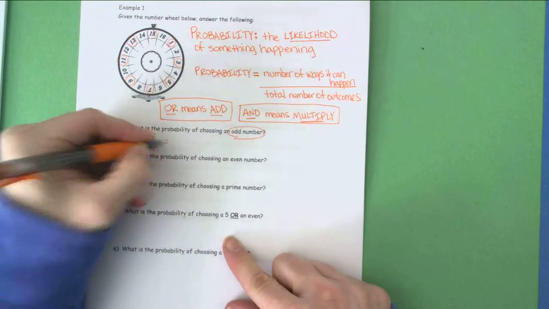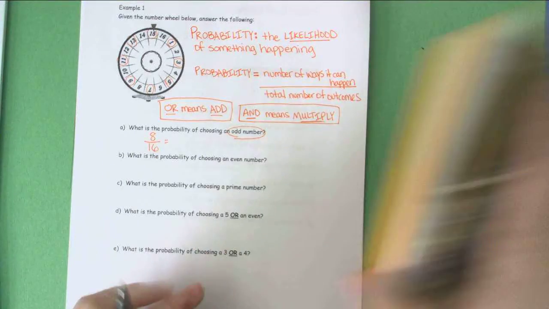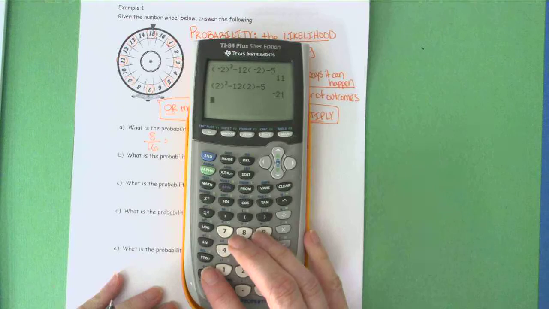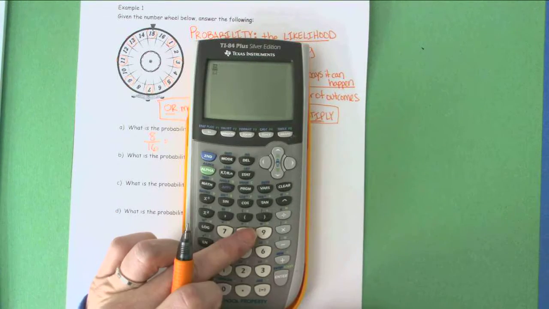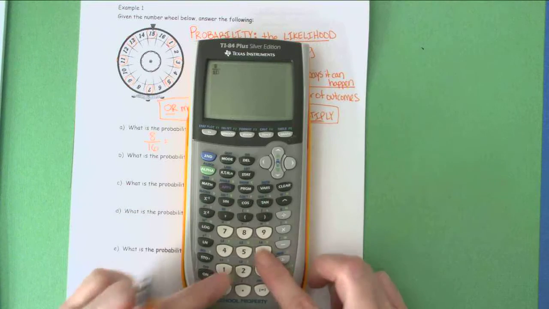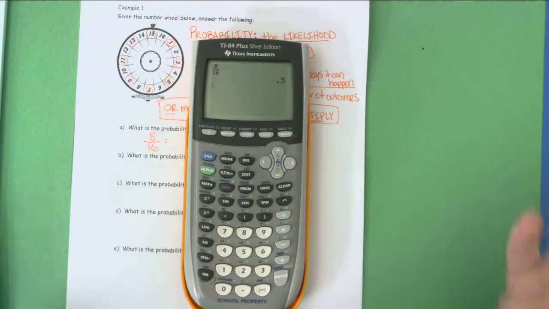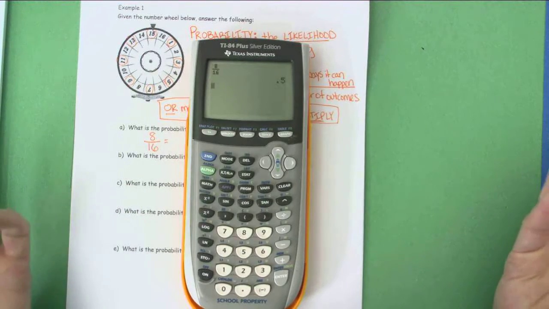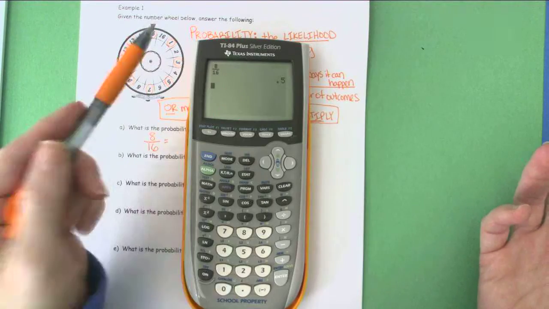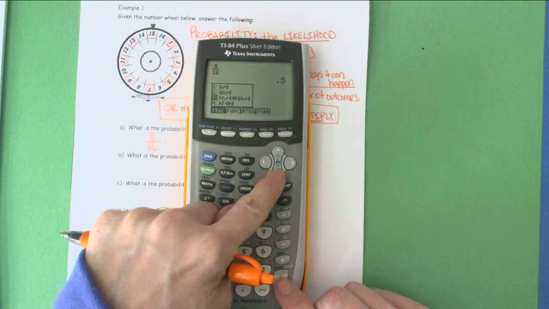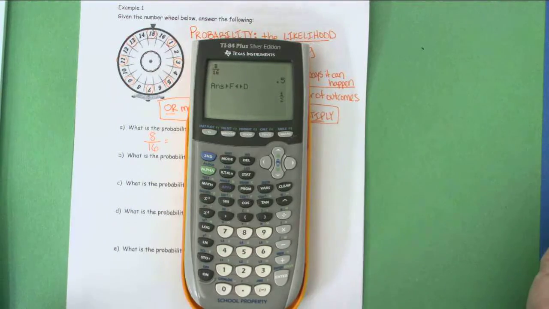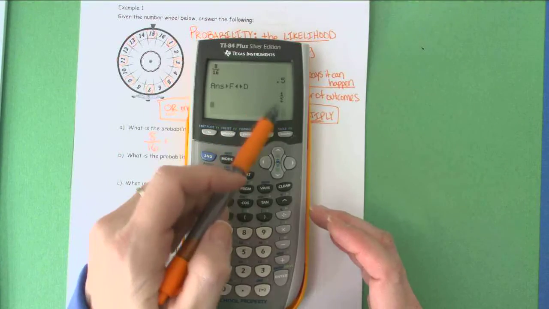Now, we can reduce that. Of course, I know you can reduce that in your head, but we can also reduce it using alpha y equals numerator over denominator. 8 over 16, of course, is 1/2 or 0.5. If I wanted to change that back to a fraction, I would just do alpha y equals fraction to decimal, and there's the 1/2. So I actually want to represent this both ways.